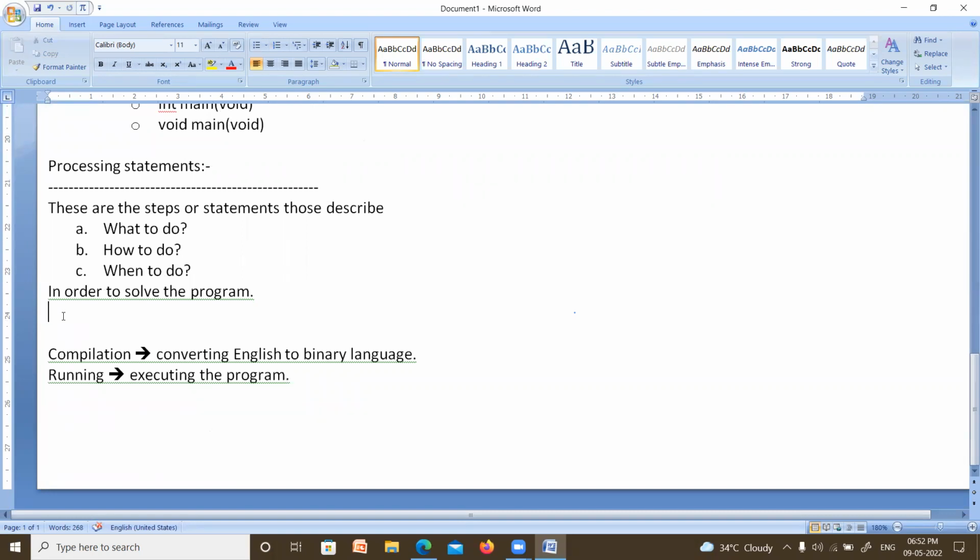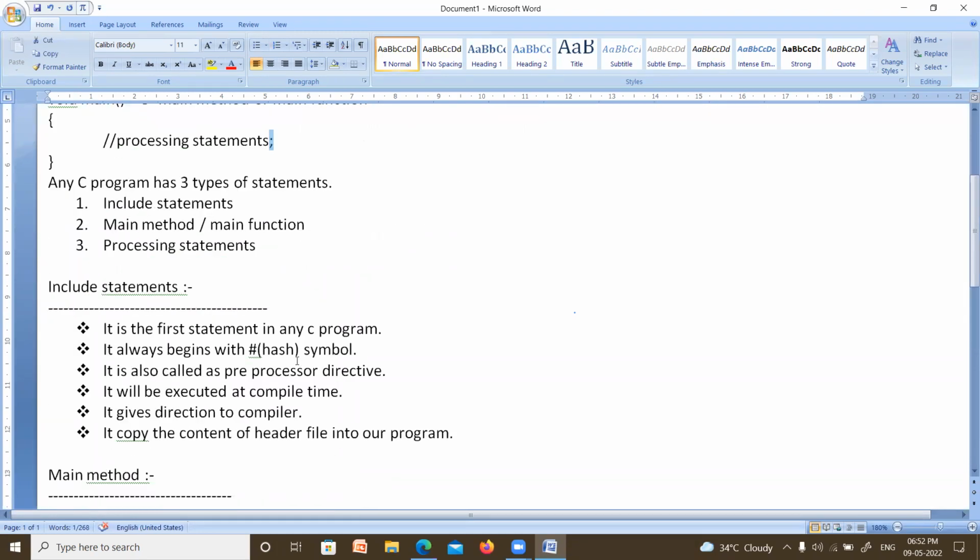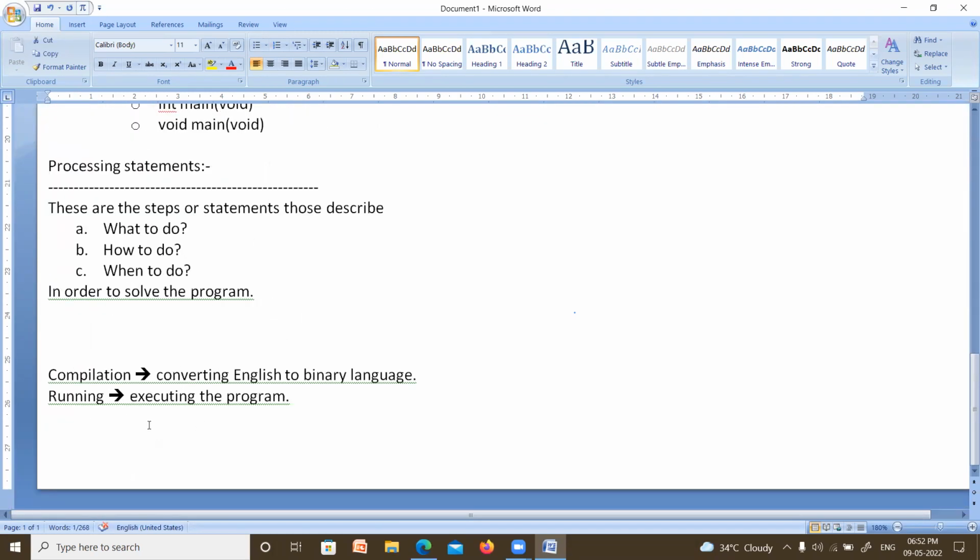Now, here I used a semicolon. What is the meaning of semicolon? In all programs, you have to use a semicolon. See, why have I given space here? Space is to separate the words. Why do I put a full stop here?